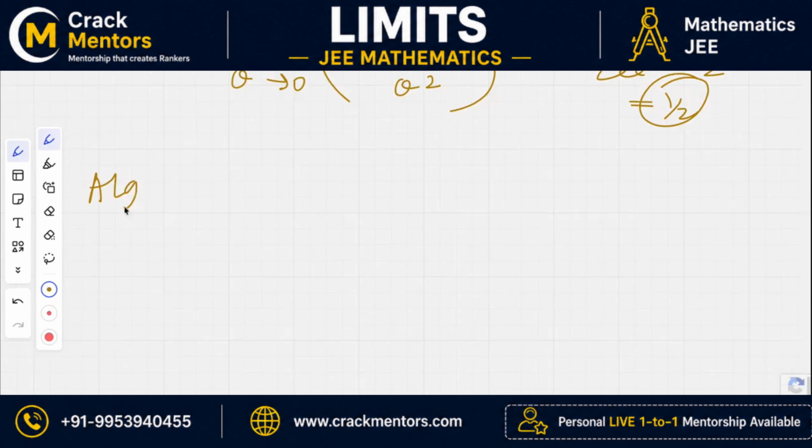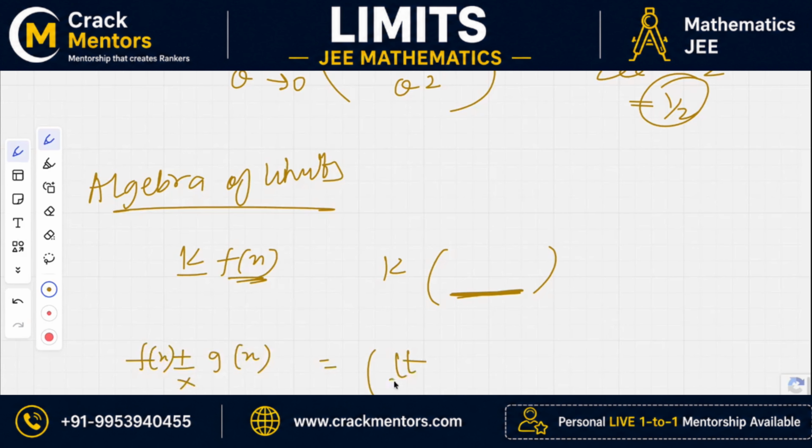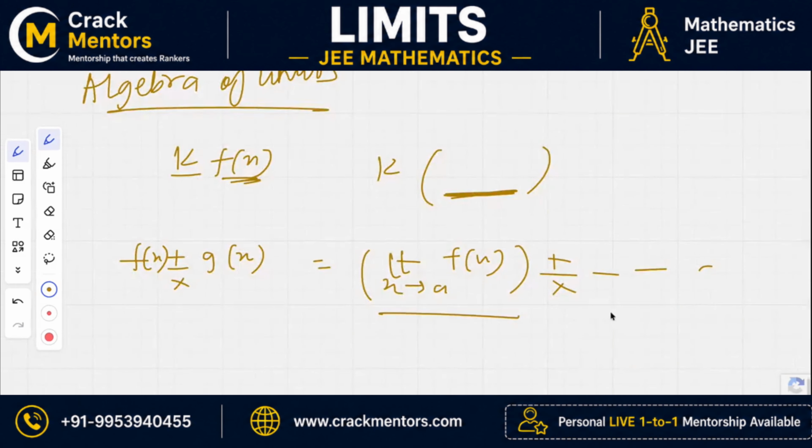Now again, very important thing, algebra of limits. Let's say you're multiplying it with a scalar, you can bring that scalar out and apply the limit operation on just this thing. Let's say you have plus, minus or multiplication with another function, you can very well handle both of them separately, given that none of them individually becomes not defined.